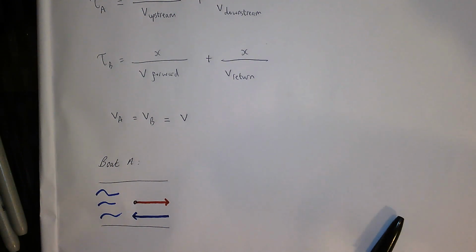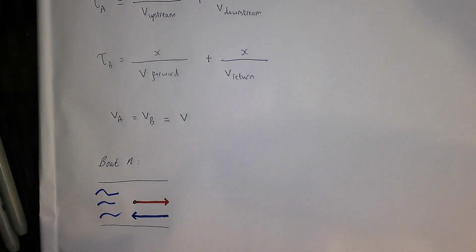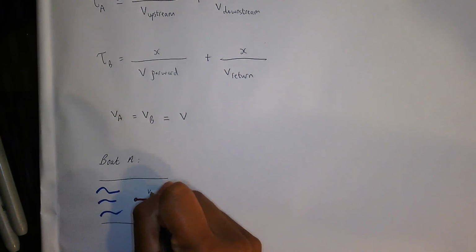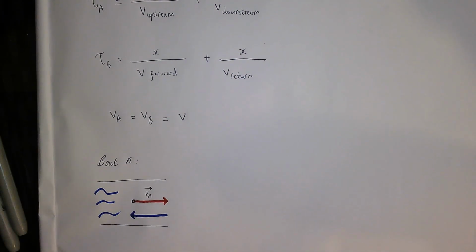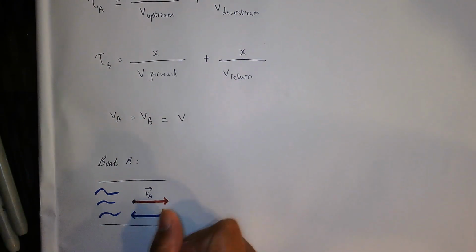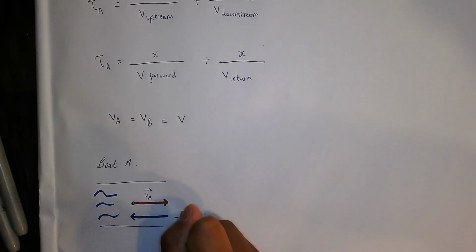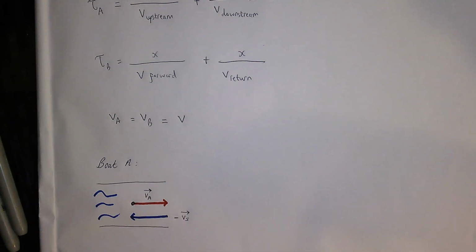So I have taken this direction as positive, so if the velocity of boat A is VA, then this velocity vector is just positive VA. And the stream velocity, because it is going in the opposite direction to the boat, I have to call negative VS. So the negative sign indicates that it is in the opposite direction to the boat.